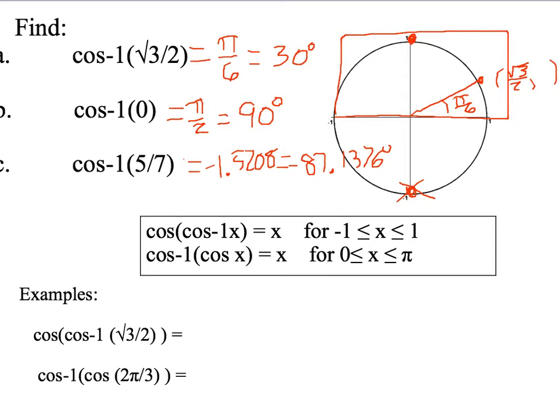Now let's go down and look at our inverse functions property. And so once again, if we're on our unit circle here, we're looking for an x-coordinate where we have square root of 3 over 2.